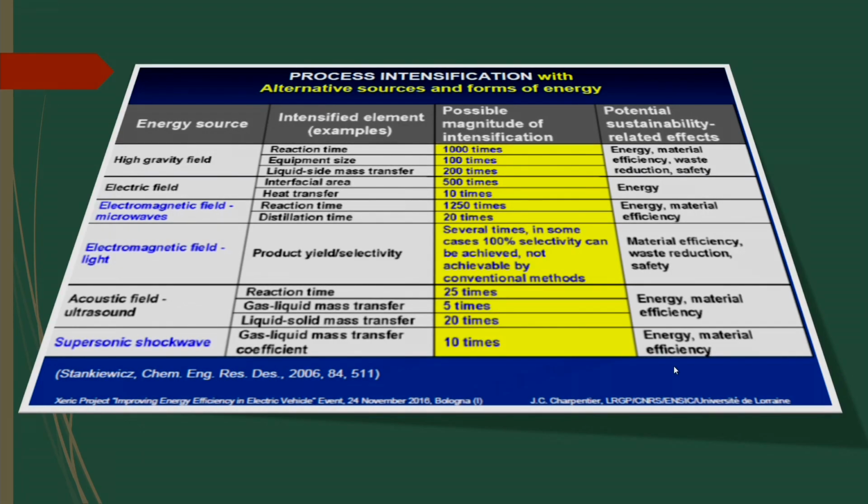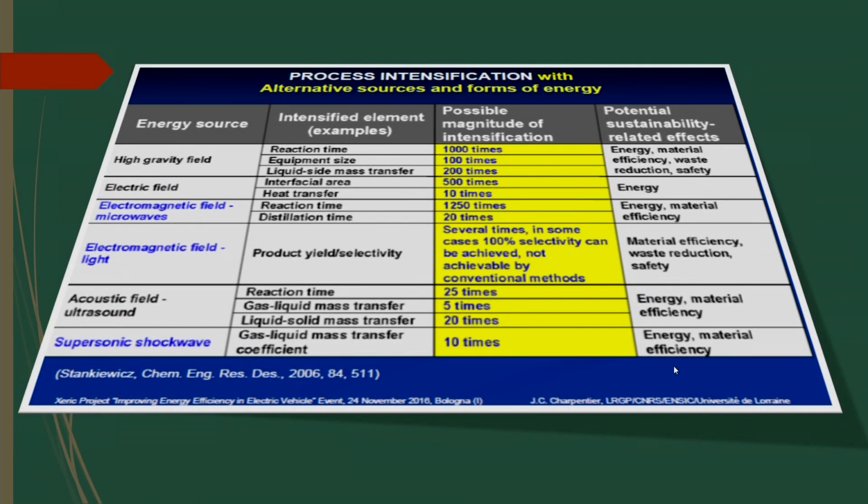So, there are several process intensification approaches with alternative sources and forms of energy given here: high gravity field, electric field, electromagnetic field, microwave, light, acoustic field, ultrasound, and supersonic shock waves. Chemical engineering processes are going ahead using these energy-based strategies.